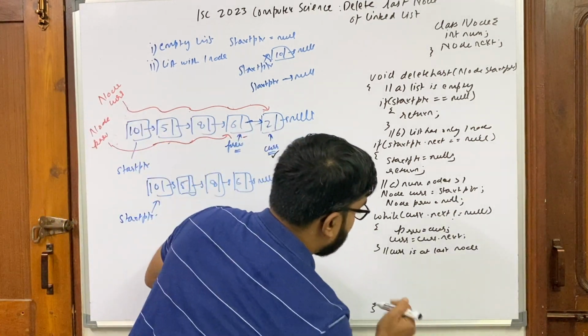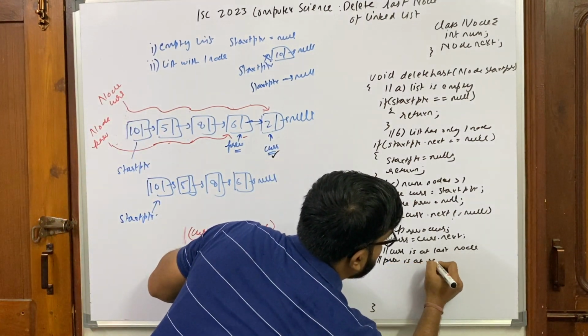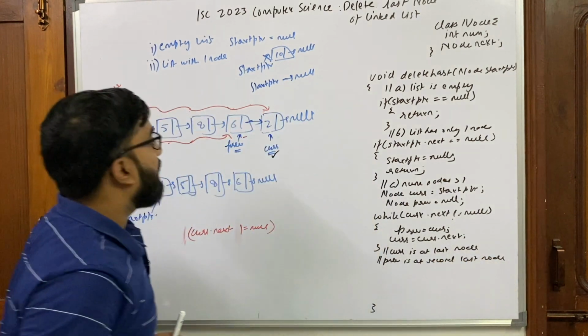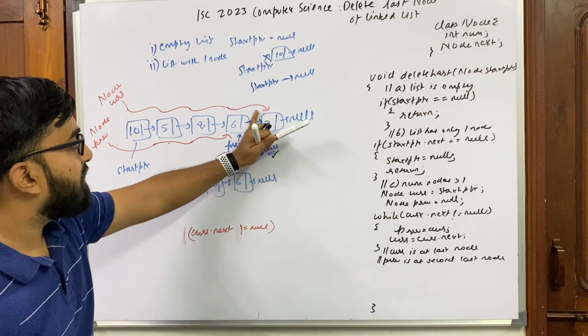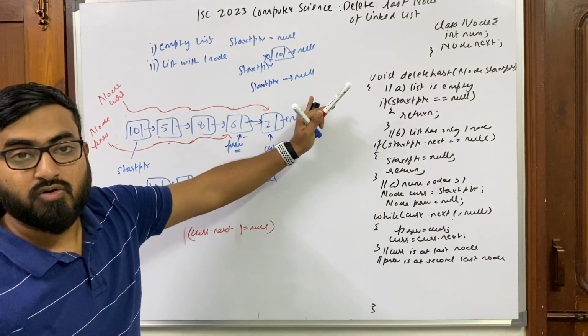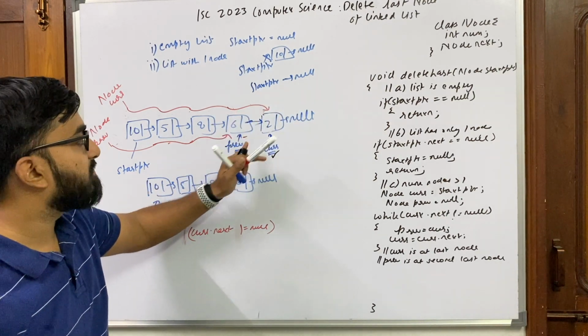So here previous is at the second last node, and then finally we disconnect this link, that is, we say previous dot next is null. So this node object is lost, and this 6 becomes the last node.